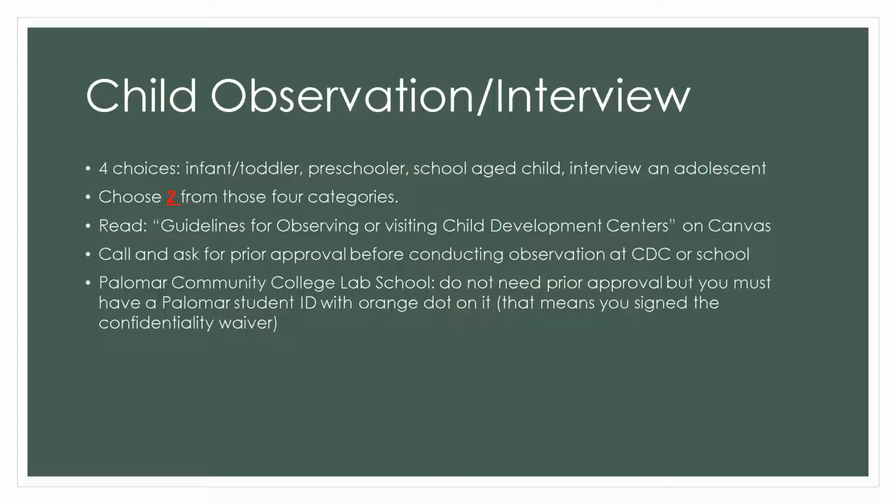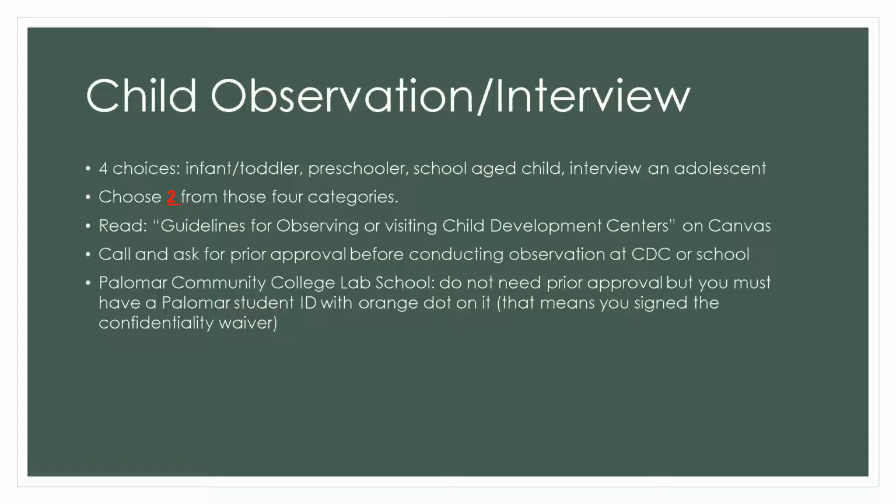So you don't need to have prior approval in order to go to Palomar's Community College lab school, but you need to have a Palomar student ID. So when you enroll in Palomar for $12, you can get a student ID card, and this gets you free tickets or discounted tickets to the movies and a whole lot of other things that you can take advantage of.